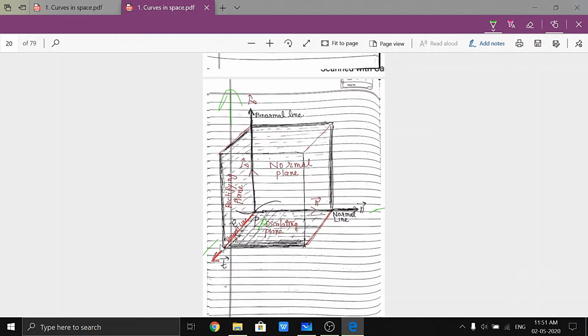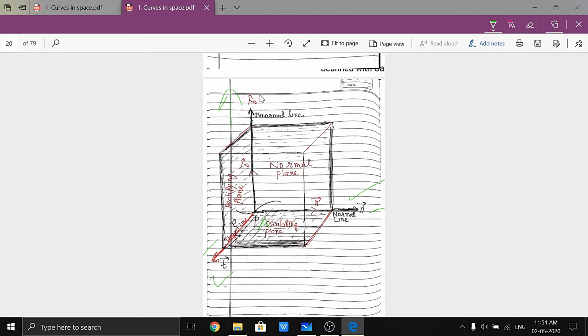Clear? So this vector is tangent, this vector is normal, and this vector is binormal. So remember, when you are sitting in a room, your left hand side is the tangent vector, and your front is the normal vector. Your left hand side is the tangent vector, and this direction, which is perpendicular to the base, is the binormal vector.